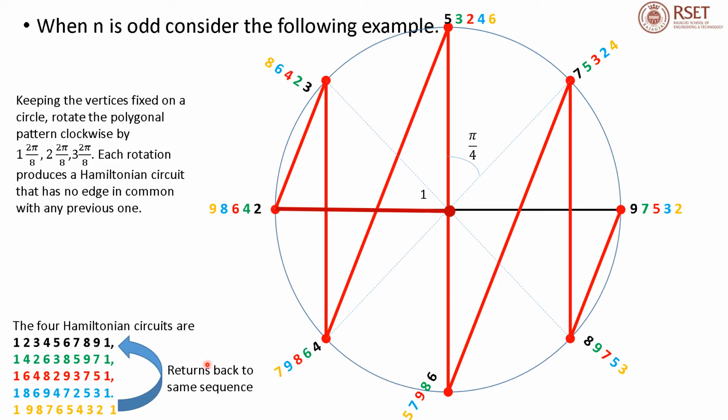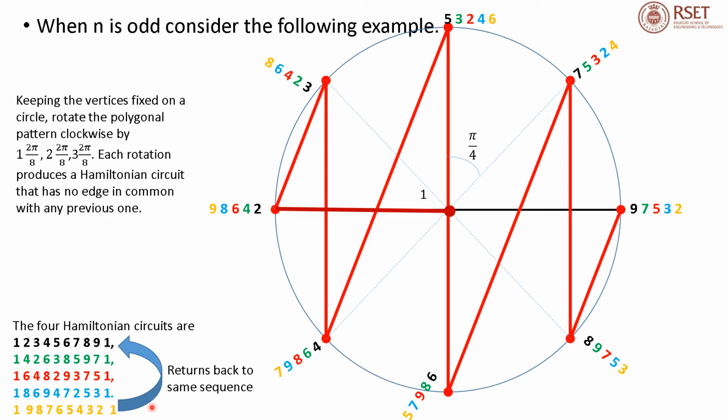Now, if we rotate again by pi by 4, you will get the next Hamiltonian circuit as: 1 to 9, 9 to 8, 8 to 7, 7 to 6, 5, then 4, 3, 2, then back to 1. See, this is the first Hamiltonian circuit in reverse order: 1, 2, 3, 4, 5, 6, 7, 8, 9, 1.